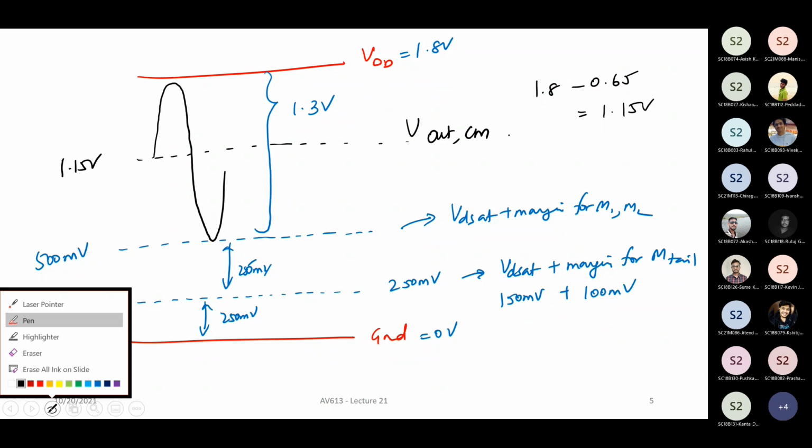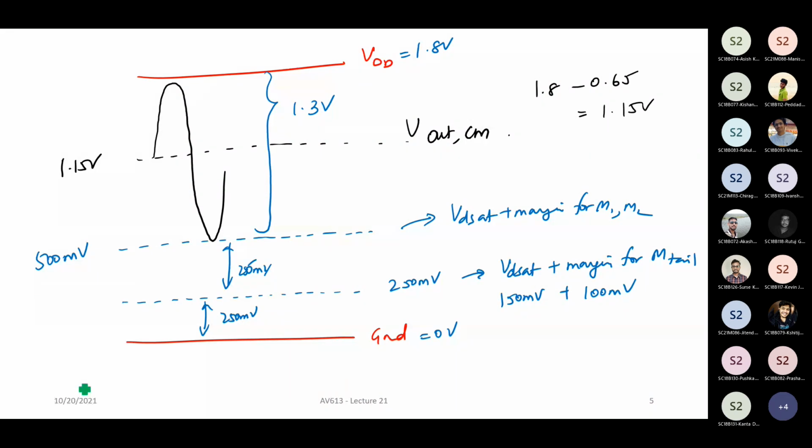Now, suppose for some reason I increase my ID, keeping the same RD. Now, what will happen? This will shift to some voltage like this. Here you have a larger headroom. You can go all the way till here, but here you're going to push these transistors into triode region.